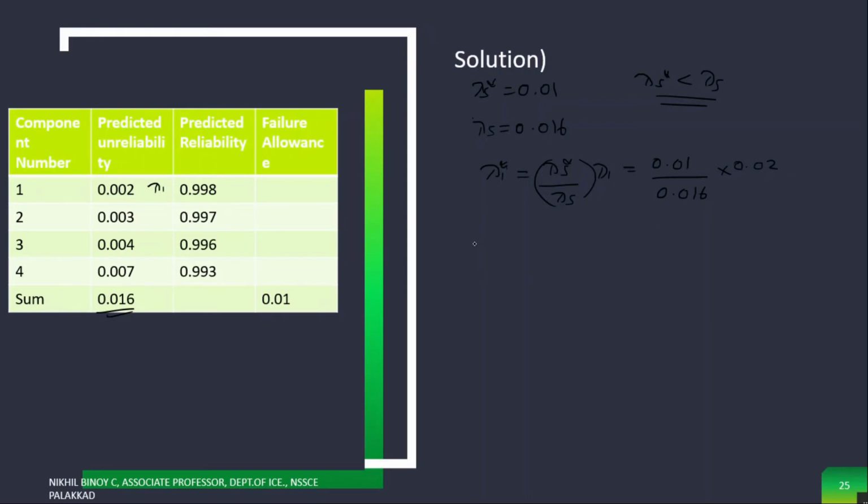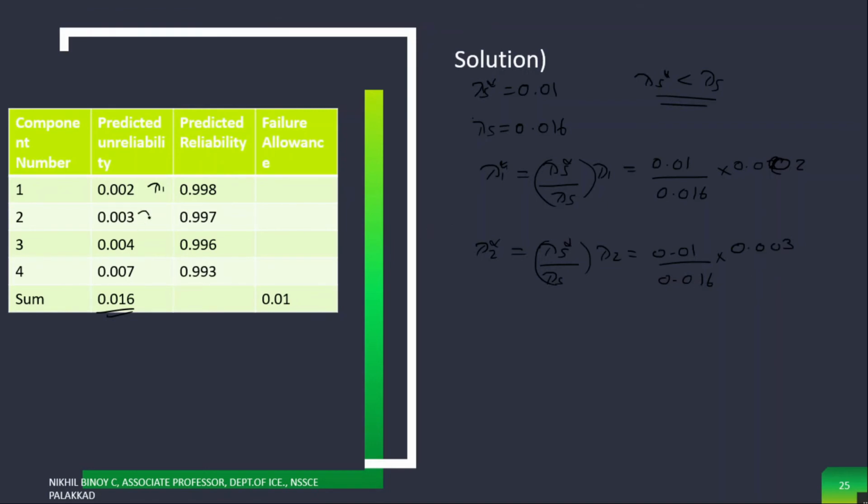Similarly, you can find lambda 2 star, that is equal to lambda S star divided by lambda S into lambda 2, that is 0.01 divided by 0.016 into 0.003. So here it is 0.002. Here it is 0.003.